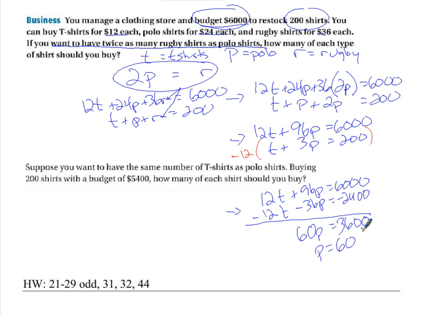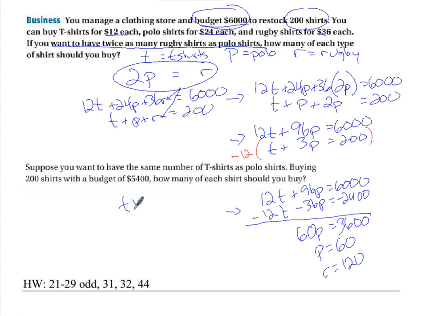Now I'm going to take this information and plug it back into something to give me another variable. Which equation am I substituting into? This one, 2P equals R. Because 2P equals R and P is 60, then R must be what? 120. And now that I know that P and R are 60 and 120, I can substitute that into this equation right here.